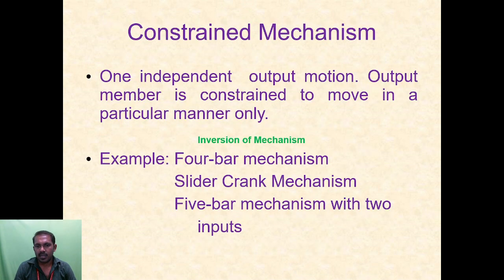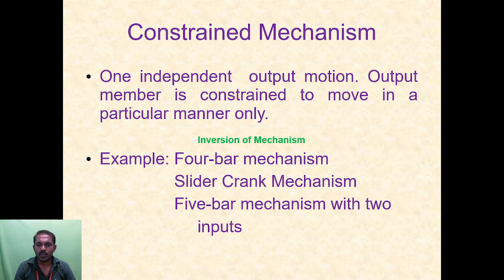Constrained mechanism: we already discussed the inversion of mechanisms, such as the beam engine and Watt indicator. With one independent output motion, the output member is constrained to move in a particular manner only, for example the 4-bar mechanism and slider crank mechanism.